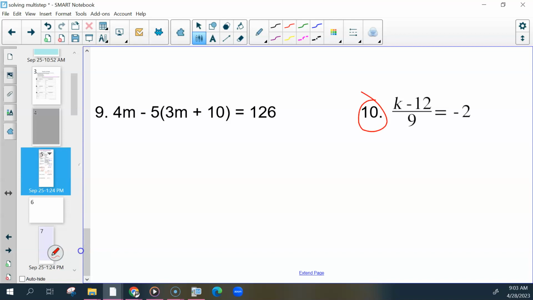So 10, we're trying to get k by itself. It's in the numerator. We got to get rid of the denominator by doing what? We could add 12, but not until we get rid of the denominator. Multiply that. So multiply by 9 on both sides so that these 9's cancel, just leaving the numerator, k minus 12.